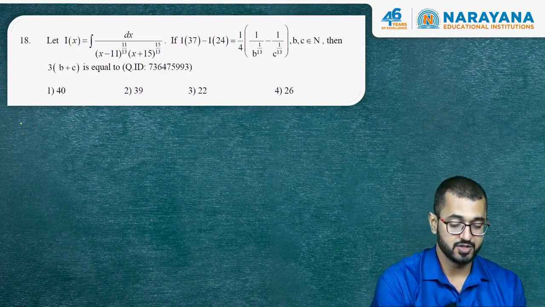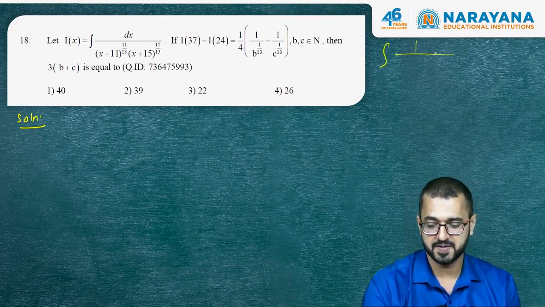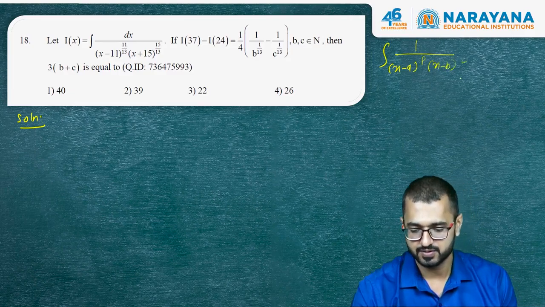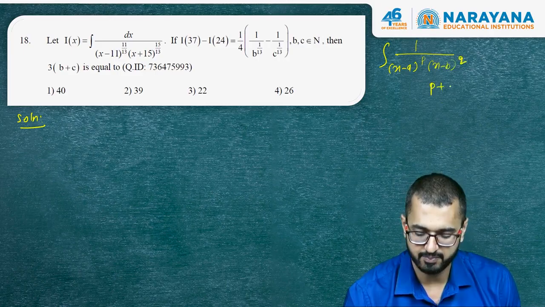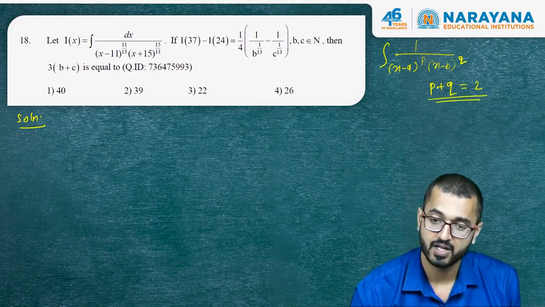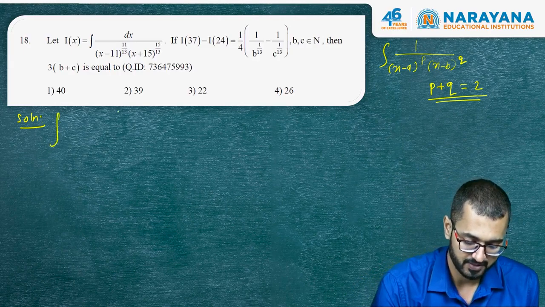Okay, so coming to question number 18. We are given an integration. This is of the type we have already seen: (x minus a) to the power p into (x minus b) to the power q. If p plus q on adding gives me 2, that means I can now produce the derivative here.